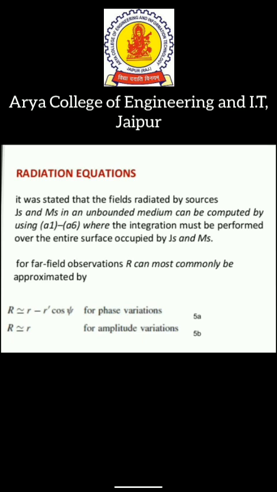Now, as we already know, for far field observation, R can most commonly be approximated as R nearly equal to r minus r dash cos psi for phase variations, and R nearly equal to r for amplitude variations.